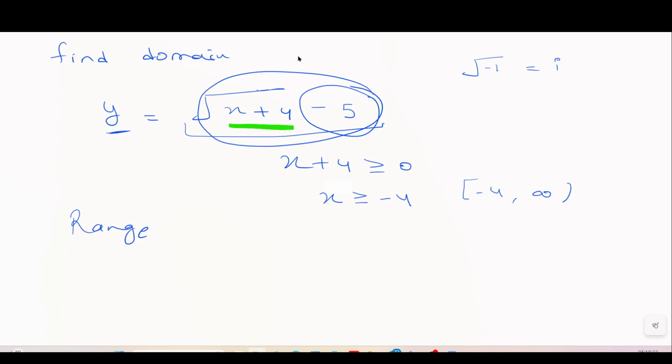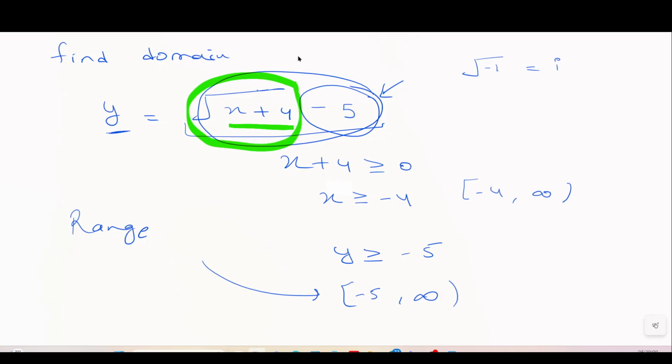So all values greater than or equal to negative 5 will be the range, so negative 5 to positive infinity. So for domain, just check the square root part, and for range, check what is outside the square root.